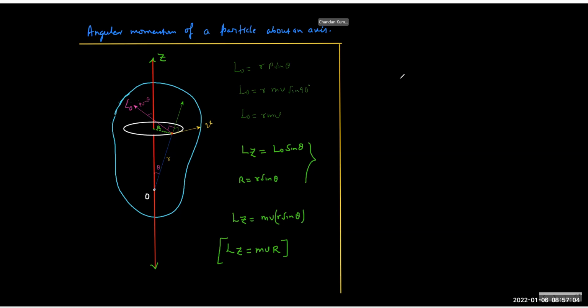Now the line of motion and the axis will be skew lines, and R is the separation between the two.